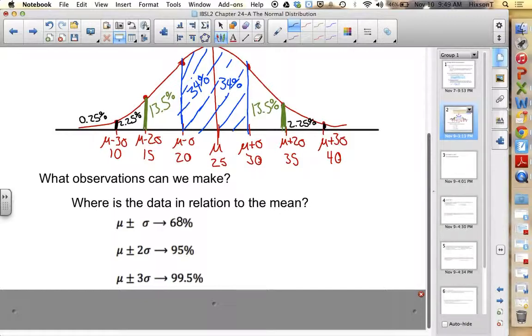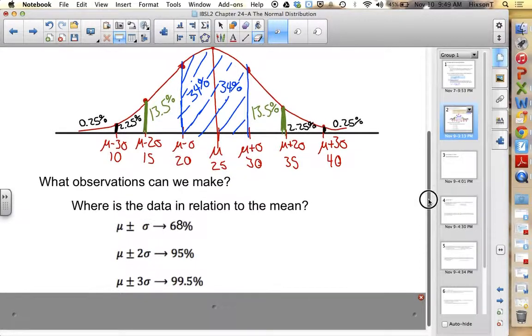And above 3 standard deviations above the mean is going to be the last 0.25%. But those percentages can be used a lot to get a general idea of how many people are going to be in this range. And we'll actually do some practice with that later on here.